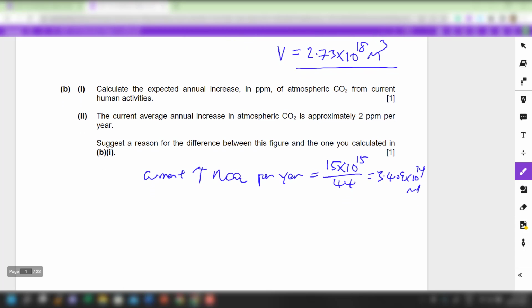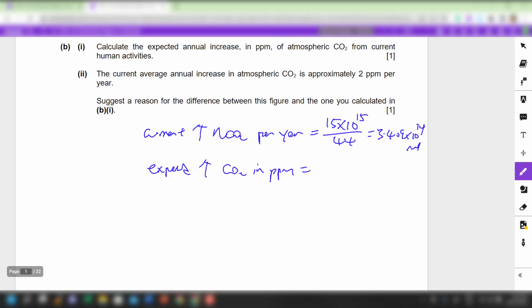And then from here we are going to calculate the expected increase in CO2 in ppm. So remember that for ppm we need to do some conversion. Based on 3.409 times 10 to the power of 14, we do the same thing.